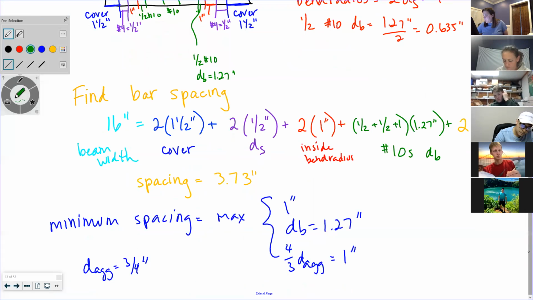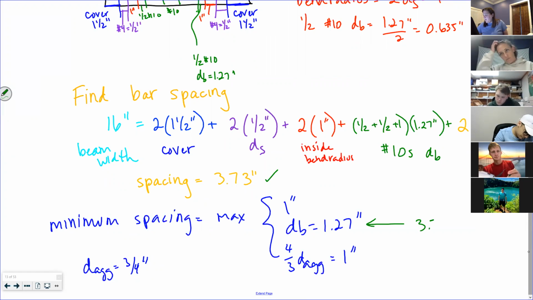1.27, and 3.73 is greater than 1.27. That's what all of that was, to just check that.